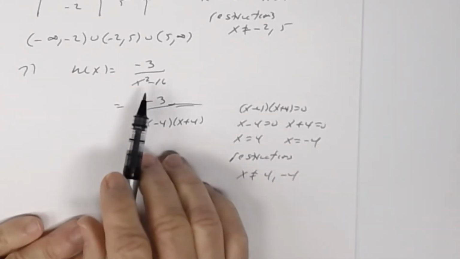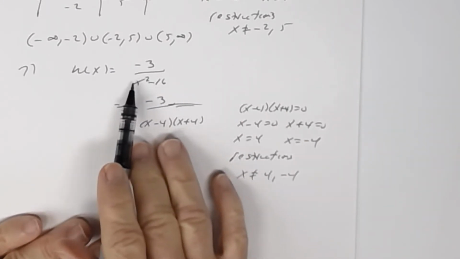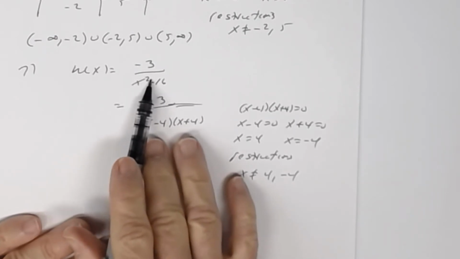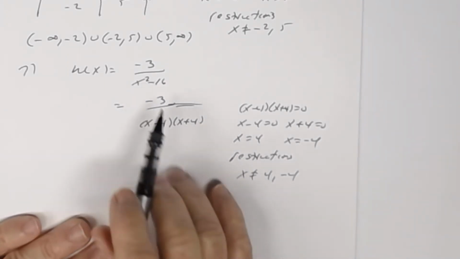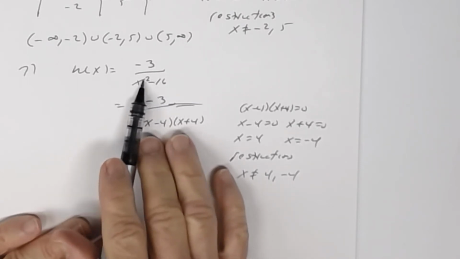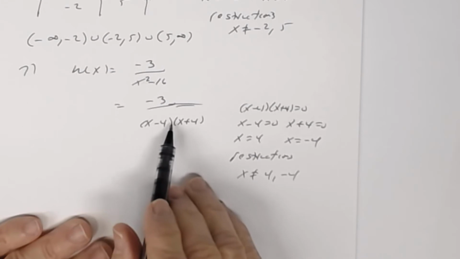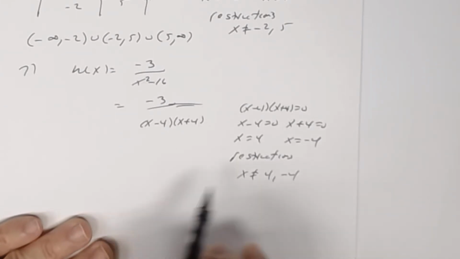Okay? Kind of makes sense. Now you do notice that you could have looked at this right here and determined what the restrictions were. 4 squared minus 16 is 0, and then negative 4 squared minus 16 is 0. So you really didn't have to factor, although you could have. All right, and then you get your restrictions.